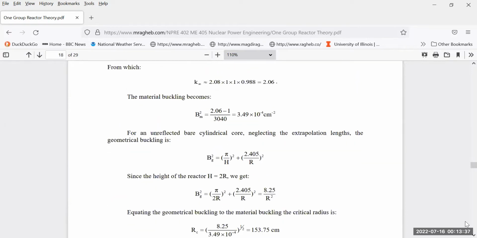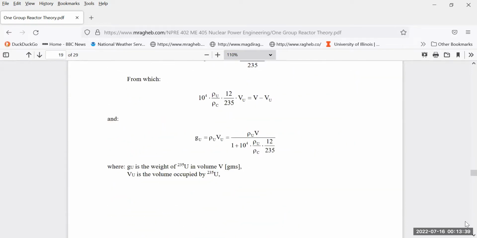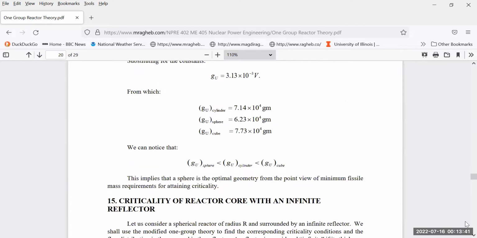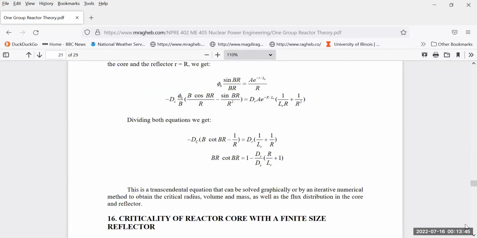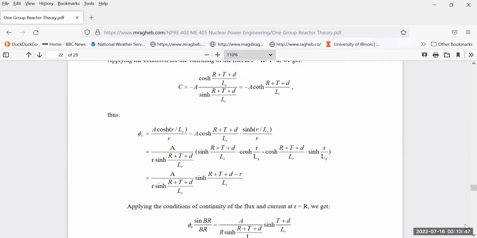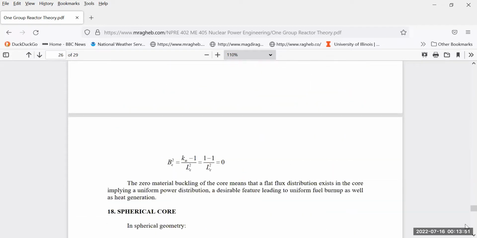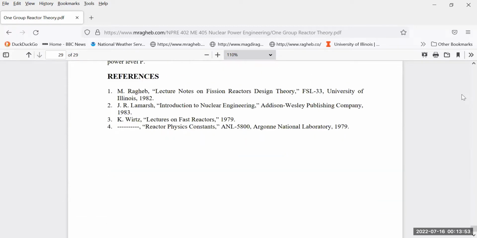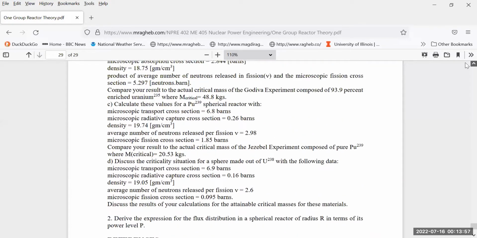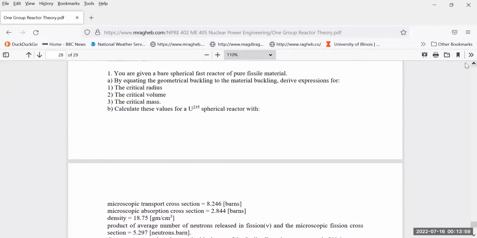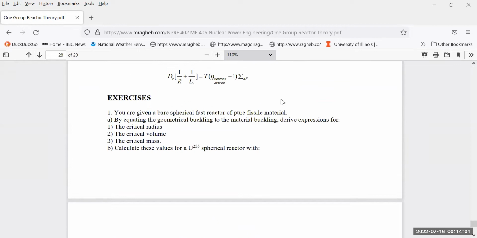There is another example that I give you here about how these calculations are conducted, and I'll simply ask you to calculate the reactor core criticality for uranium-235 and compare it to the plutonium sphere in general, ignoring the extrapolation lengths, as an assignment.